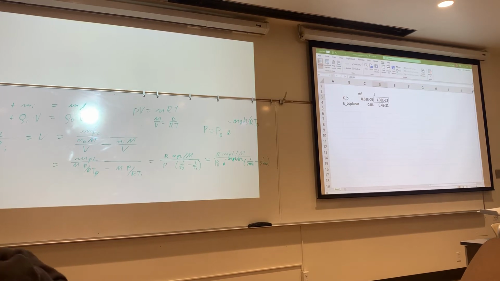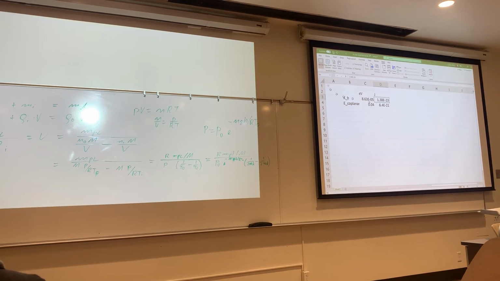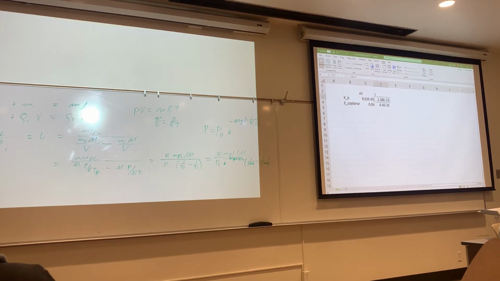So maybe I want to use these two values to look at. In the end, as I said, it doesn't really make so much of a difference. But that being the case, I will use my Boltzmann constant many times. And so that I don't have problems with this, I define this cell over here.